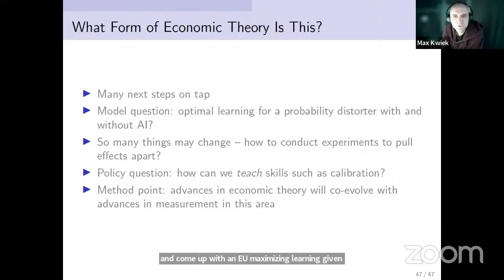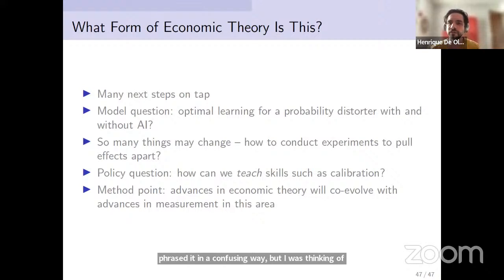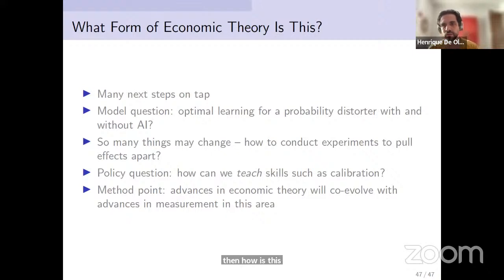Yeah, I guess. Sorry. Yeah, please. No, I guess I phrased it in a confusing way, but I was thinking of something really theoretical. If I have two utility functions and I calibrate the model, and I can only calibrate the model using one loss function, then how is this optimal loss function related to the two utility functions? If I think with probability 1/2, I'm going to face one decision problem, with probability 1/2, I'm going to face another decision problem.